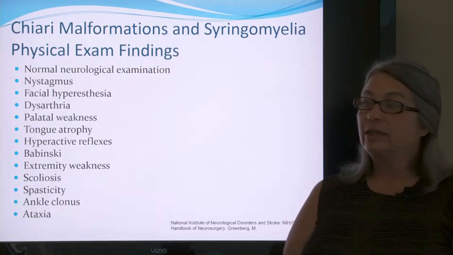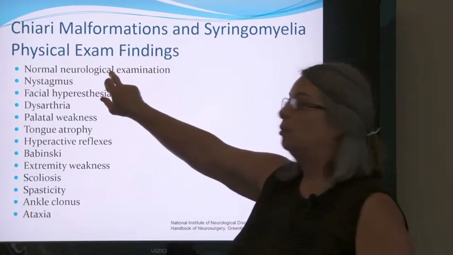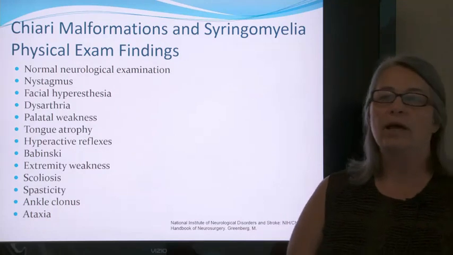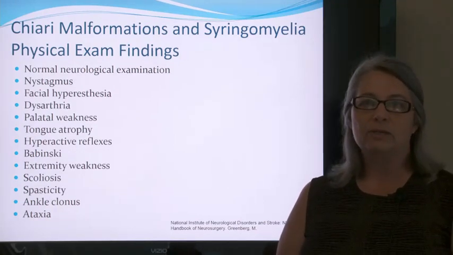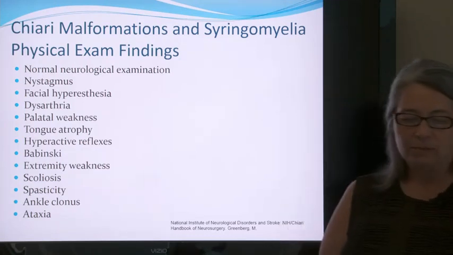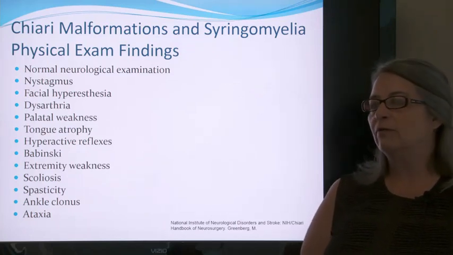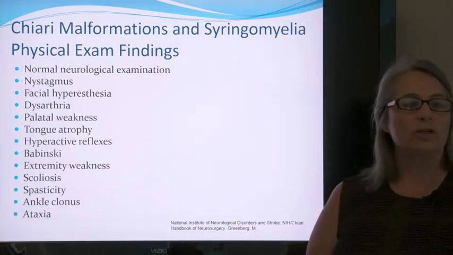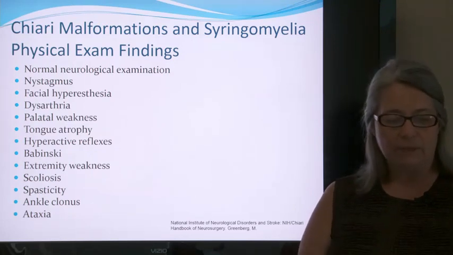So the physical exam findings, you can have 100% normal neurologic exam where absolutely nothing is abnormal. And generally that's what we find. And then we have some other symptoms here that can be found. You just need to be very comfortable with a very detailed neurological examination and document the things you find.